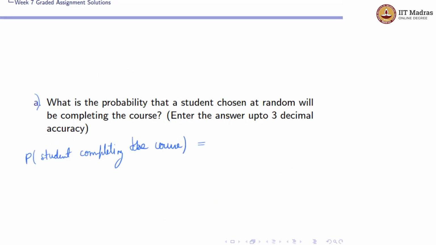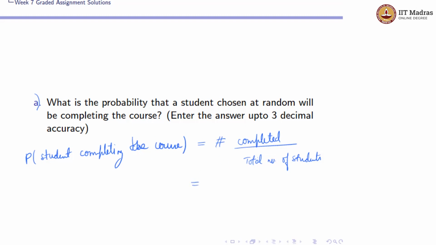So what is the probability that a student has completed the course? It is the number of students who have completed the course divided by the total number of students.